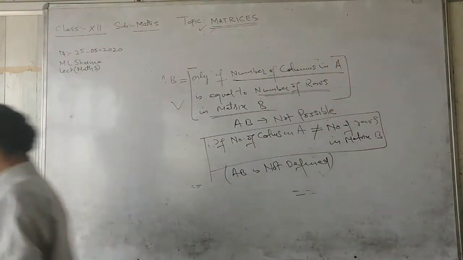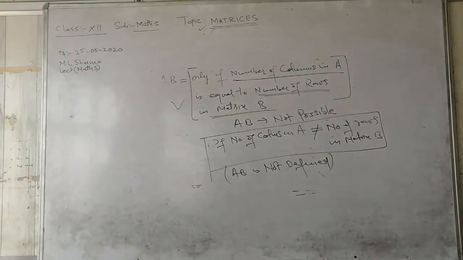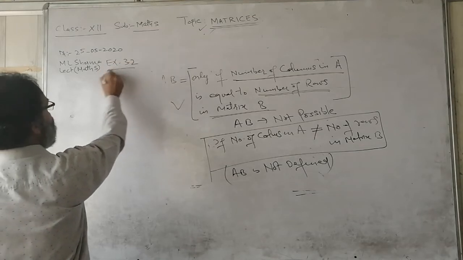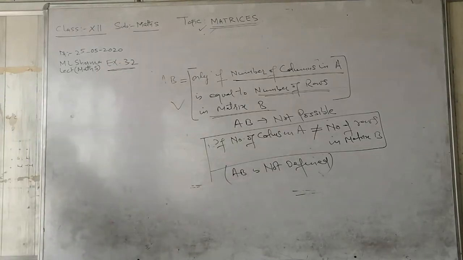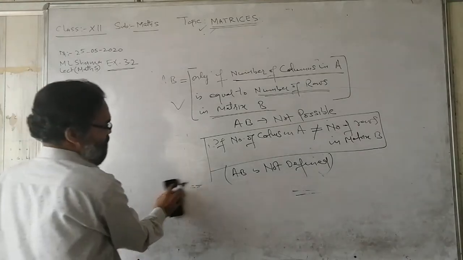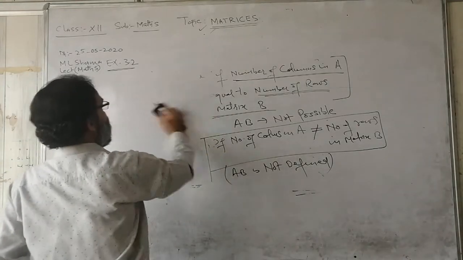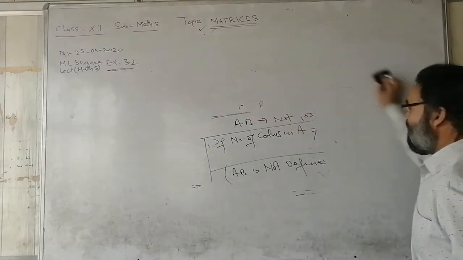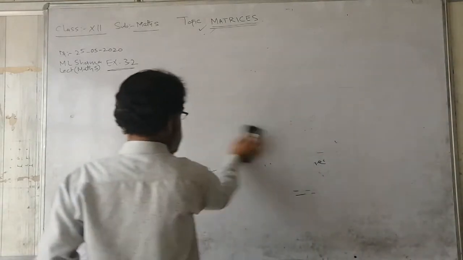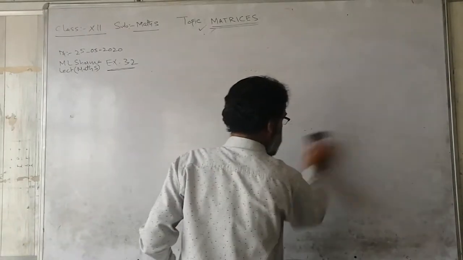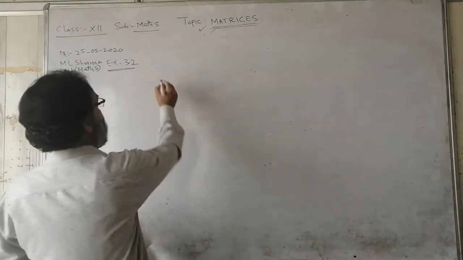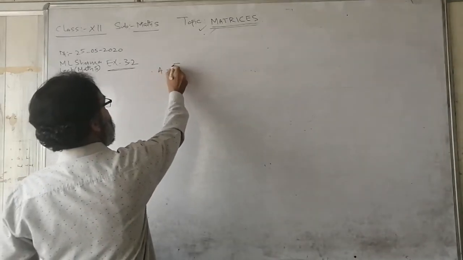So questions are given here. Exercise 3.2. So I am taking the questions. For example, here is a question given. A matrix is given.